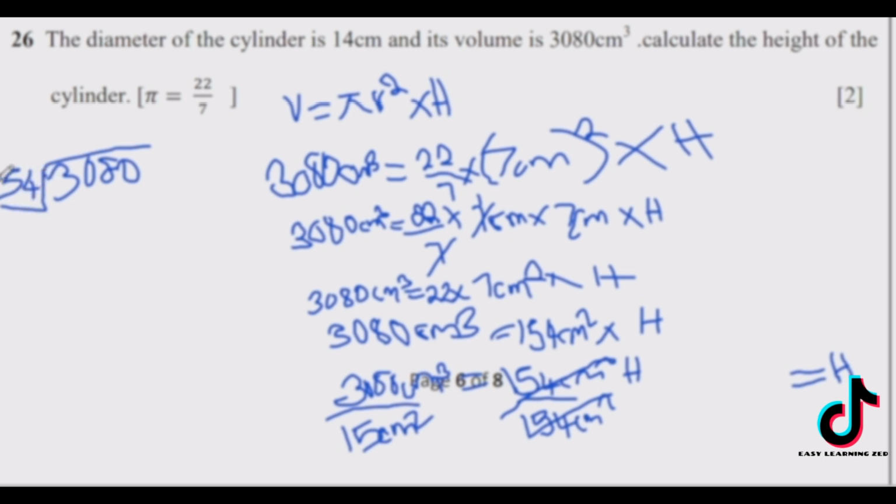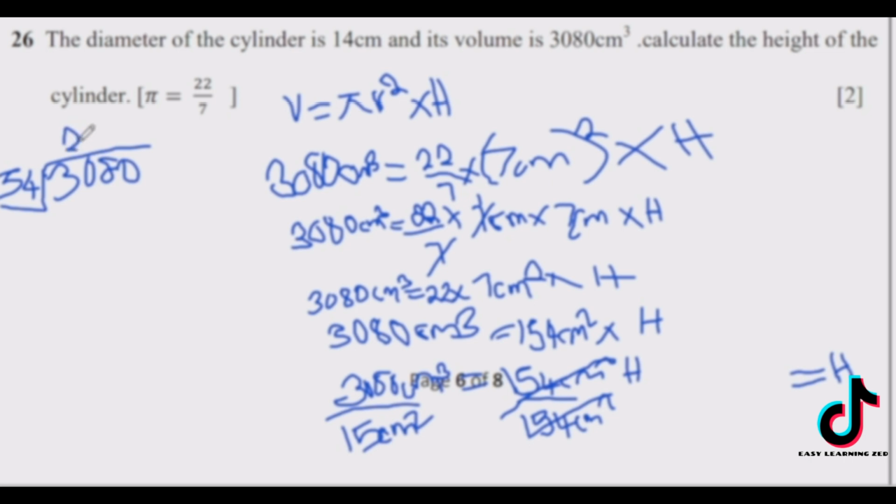So can 154 go into 3? No. Can 154 go into 30 when we put 0 to 3? No. Now we put this 8 to 30, it becomes 308. Can 154 go into 308? Yes. How many times? 2.